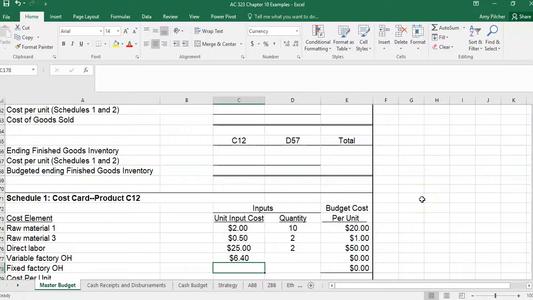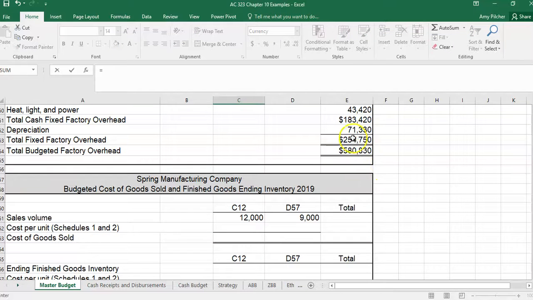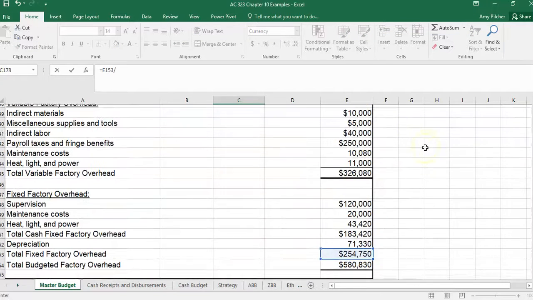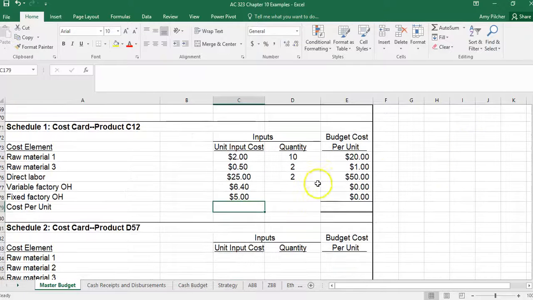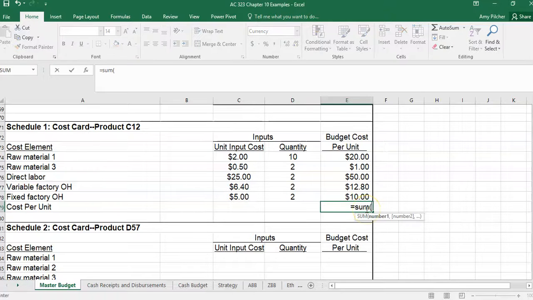We will do the same for our fixed overhead rate. So we'll take our fixed overhead divided by our total number of labor hours. Okay. It's 2 hours of labor for that unit. And we get a total cost per unit for C12 of $93.80.